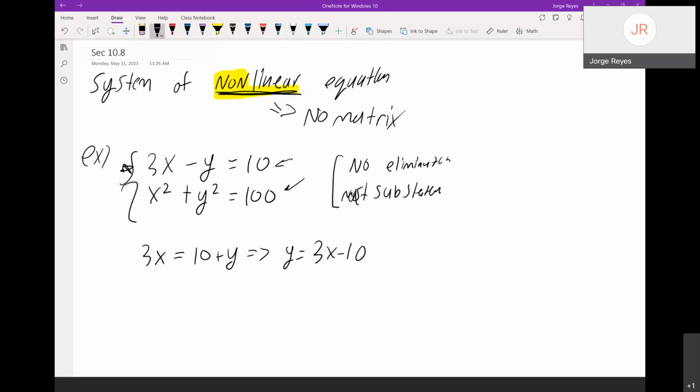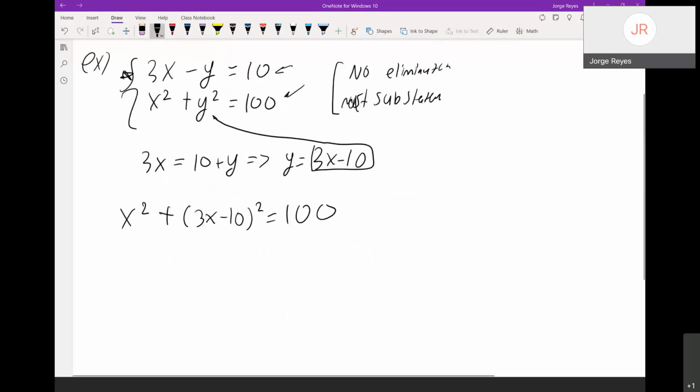Okay, now what you do is you then substitute that in the y slot, like normal substitution. Okay, and now you can solve this.